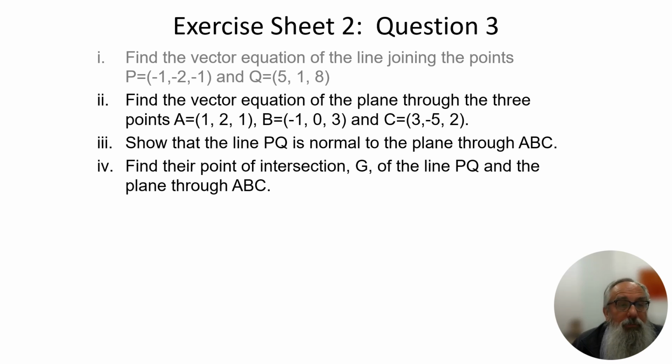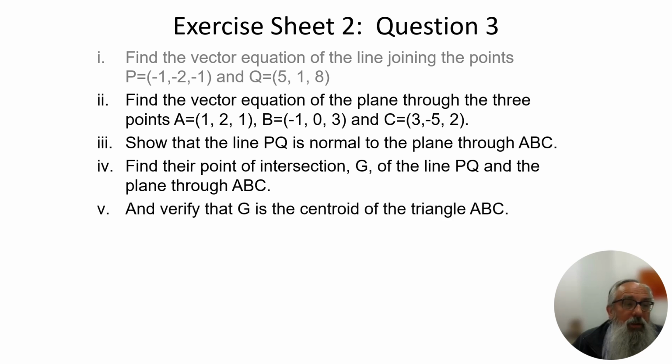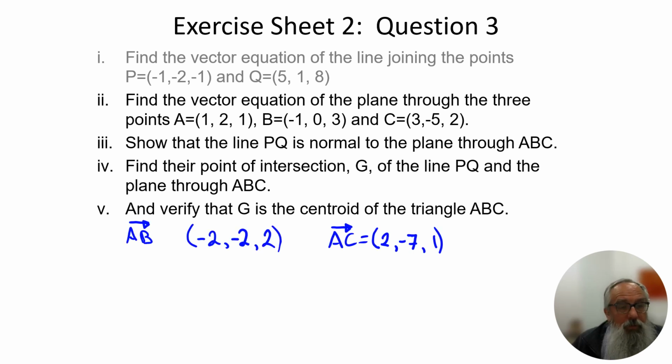Find the point of intersection G of the line with the plane through ABC and verify that G is the centroid of the triangle ABC. So we're going to look at two vectors here, AB and AC, and do the cross product of those.